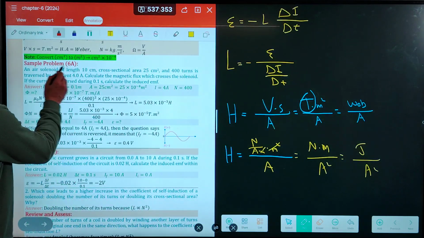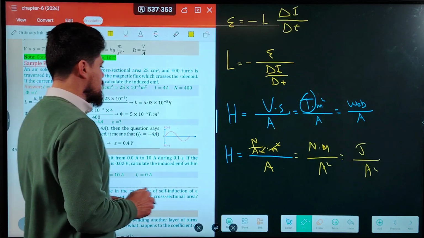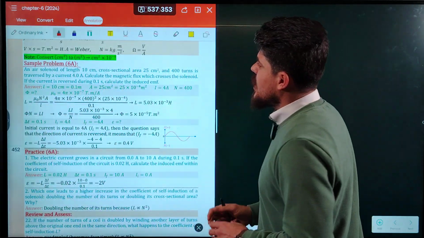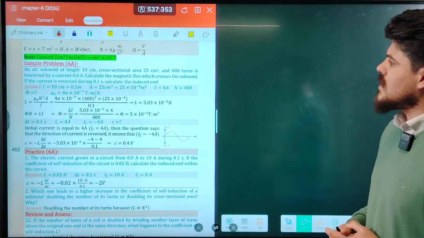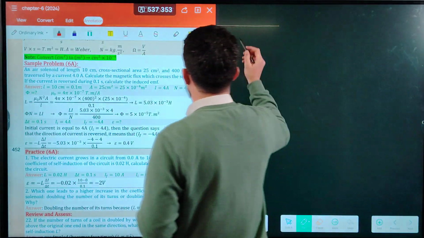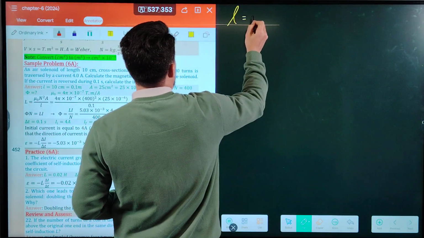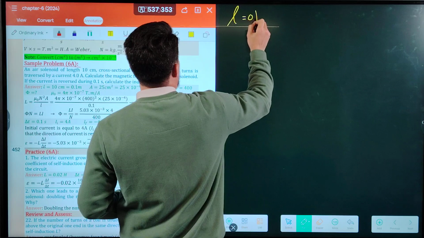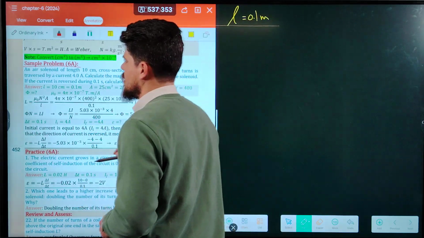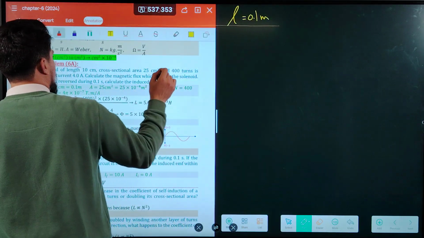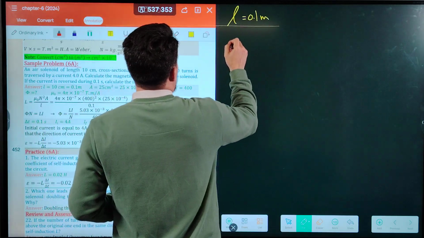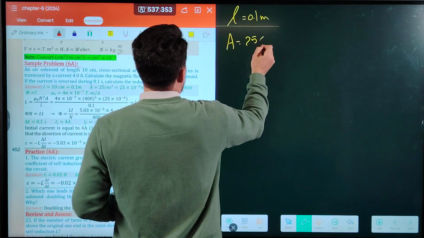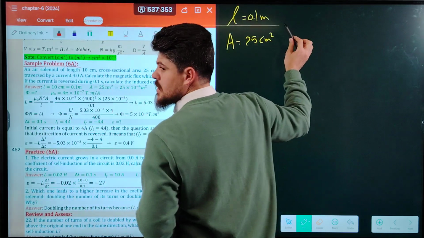Sample problem 6a. An air solenoid of length 10 centimeter. The length of the solenoid is 10 centimeter, 0.1 meter. You have to convert to meter. Cross-section area 25 centimeter square. Guys, be careful.